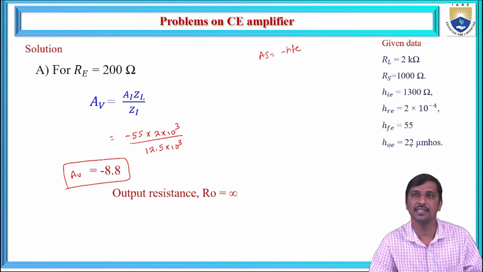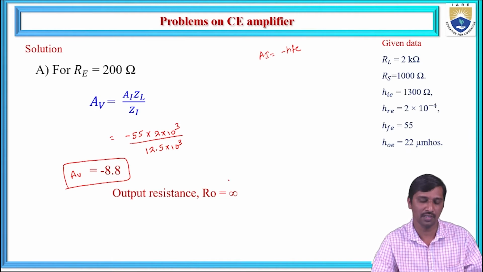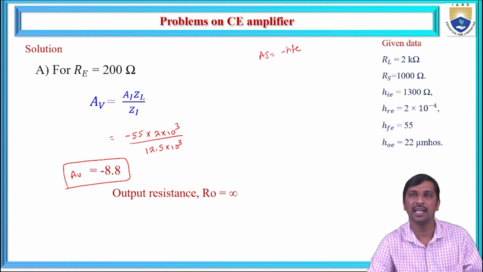If admittance is very small, the impedance becomes very large. So in approximate analysis, we neglected the output admittance because it is very small. We consider output admittance as 0, hence the output resistance becomes infinite. R0 is equal to infinite.